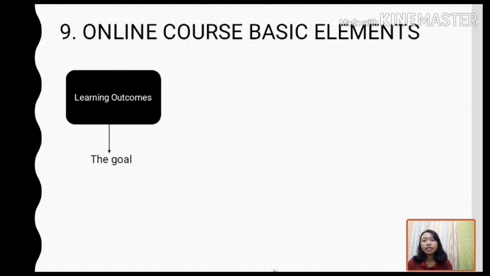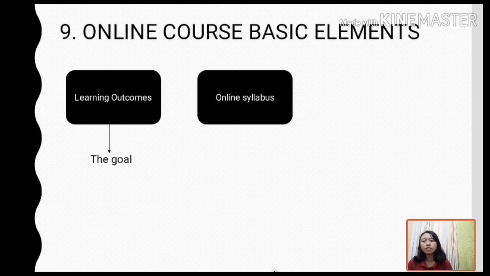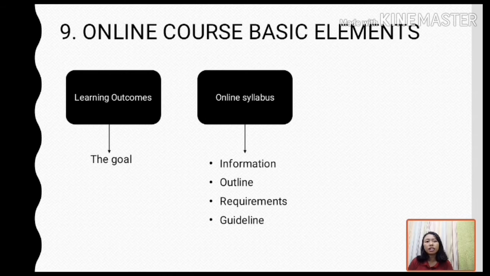The next element is the online syllabus. An online syllabus usually contains contact information, an outline, requirements, and guidelines. And the teacher should make all of these things accessible from the start of the course and throughout.